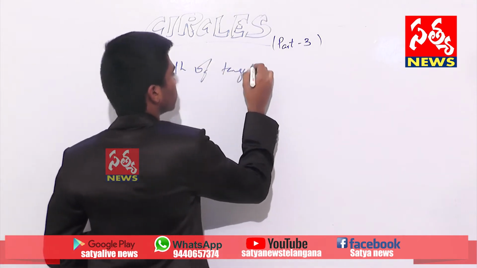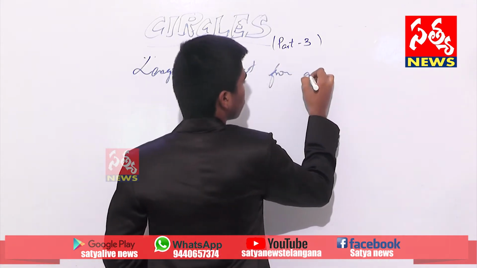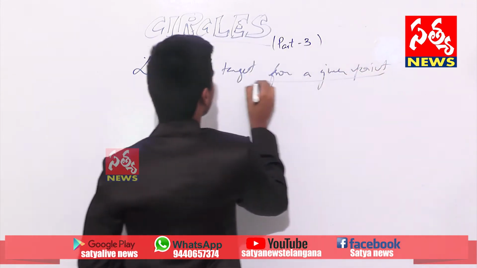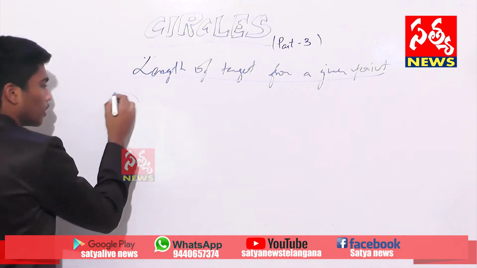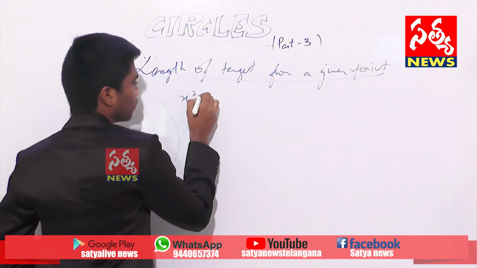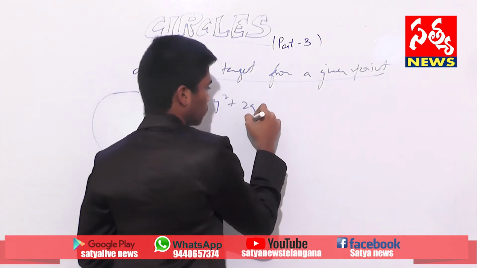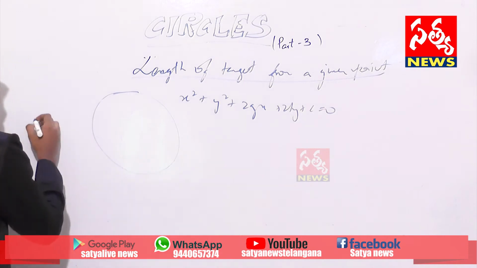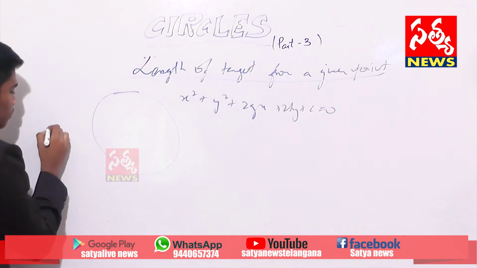Next, let's discuss the length of a tangent from a given point. Let's take a circle of equation x square plus y square plus 2gx plus 2fy plus c equals 0.